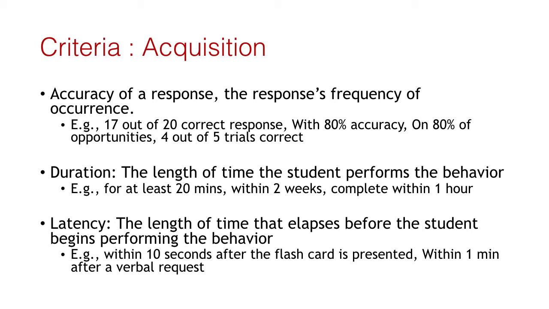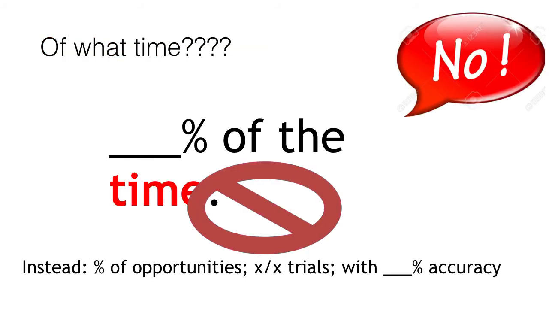There are so many ways to describe the number, but it really depends on the behavior you want to see, right? You have to remember, don't say "percentage of the time," because of what time? The word time is really vague.